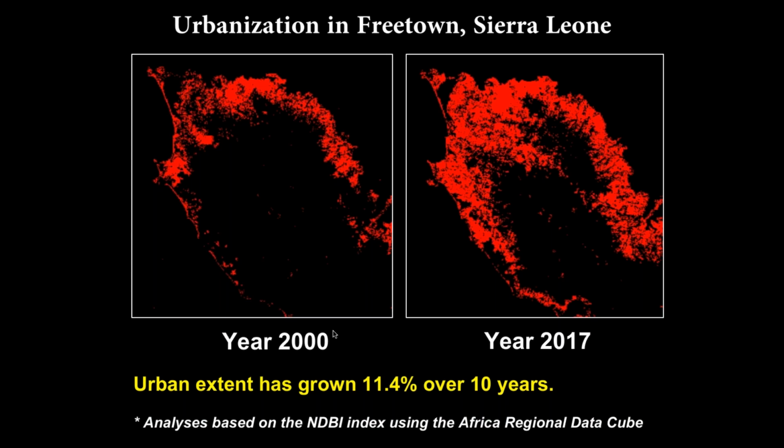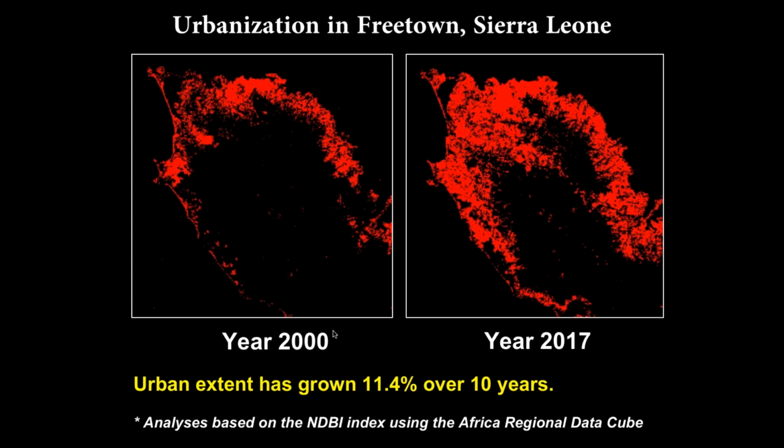So this is an example of urbanization. I did this example over Freetown in Sierra Leone. It's an area where we had some population data, so it allowed us to make some really interesting correlations. This is not done very cleanly with the user interface.